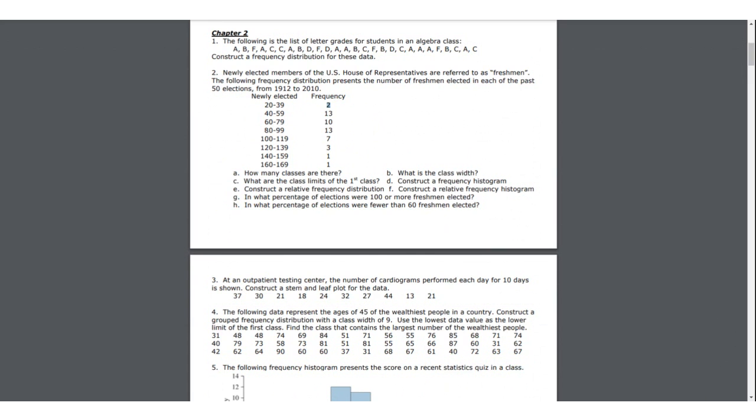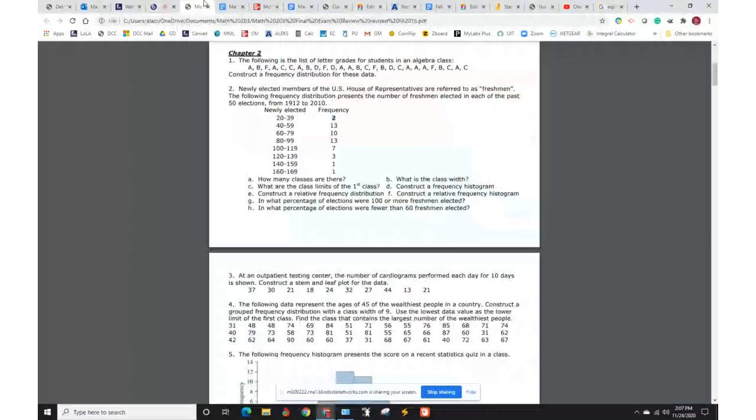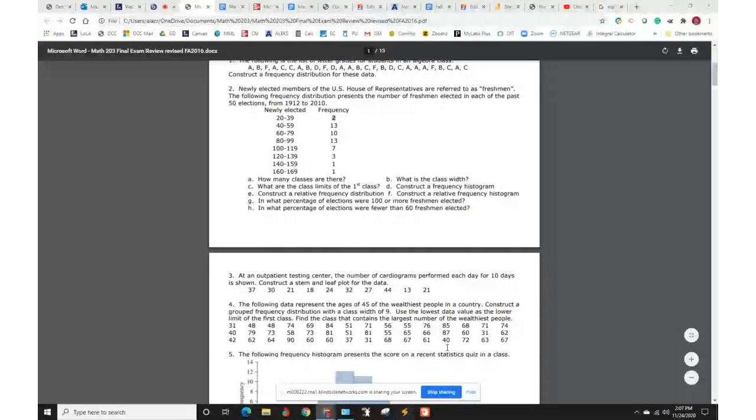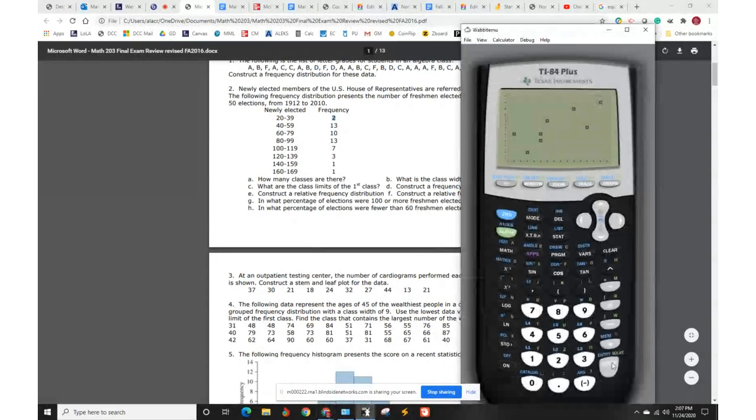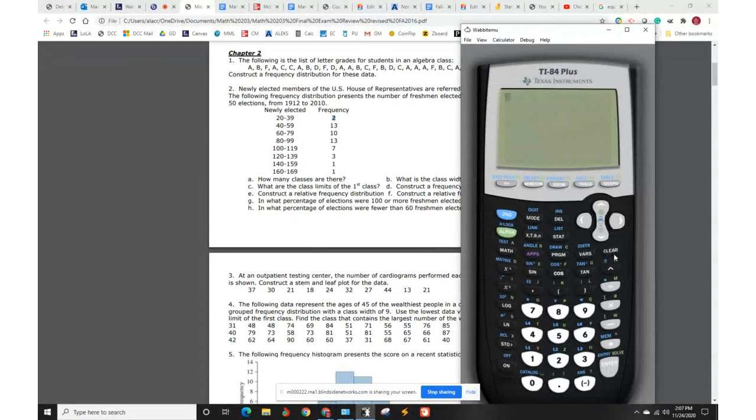So let me share the whole thing, and then we can use that calculator here. So the relative frequency is just taking each one of these frequencies and dividing by 50.